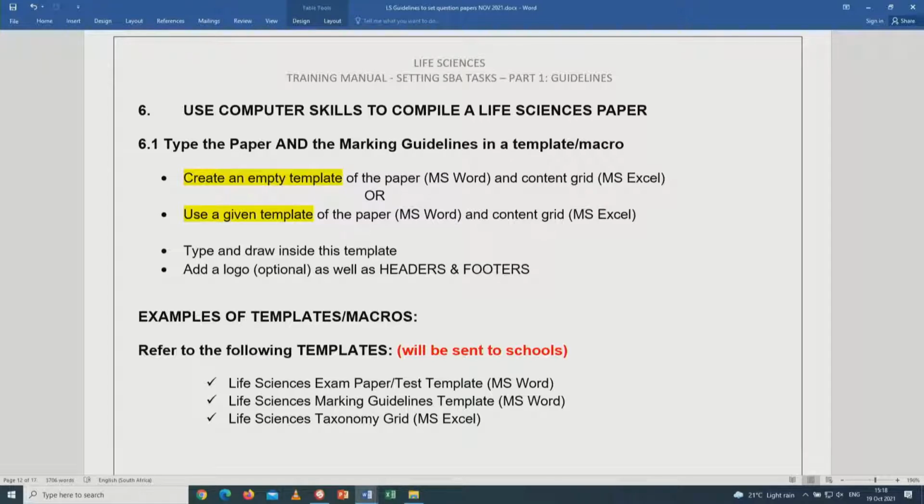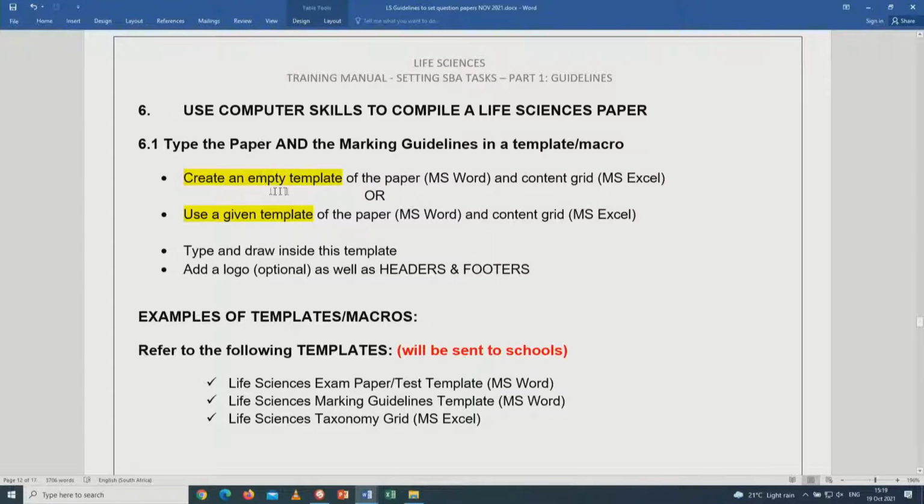Sometimes you struggle getting a route to a certain solution, but let's see how far we can go. It's just the basics to help you work a little bit faster on your papers. Now, type the paper and the marking guidelines into a template, or what some people call a macro.